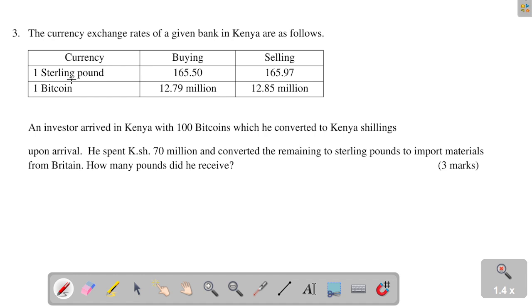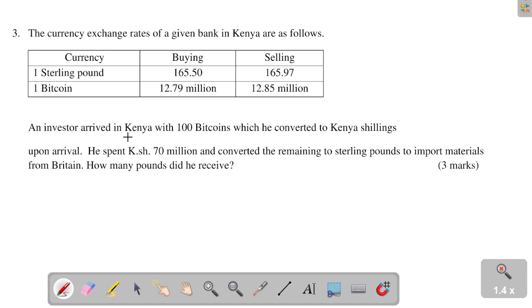Row number 1, 1 sterling pound is being bought at 165.50 and it is being sold at 165.97. Then row number 3, I have 1 Bitcoin is being bought at 12.79 million and it is being sold at 12.85 million. This is how it goes now.